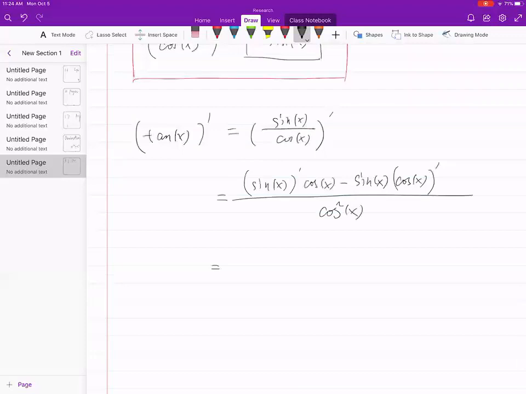Before we stop here, remember, we already know the derivative of sine and cosine. So we can replace this to be cosine x. That's the derivative. Replace this to be negative sine x. That's the derivative. So we can keep continuing.